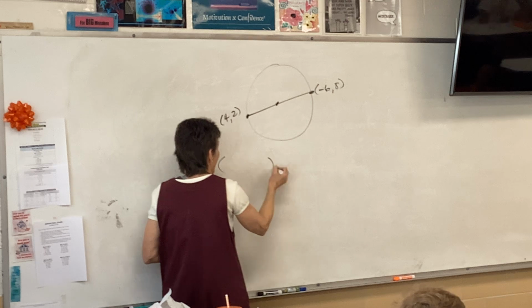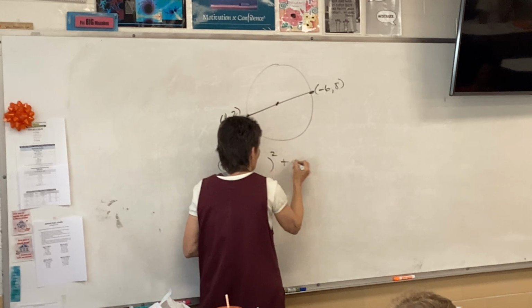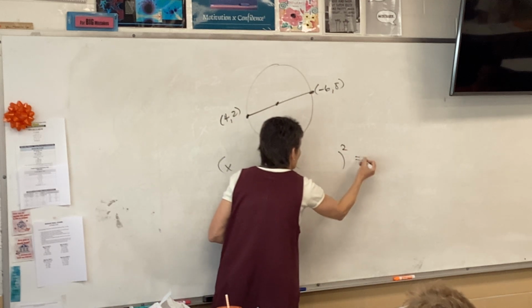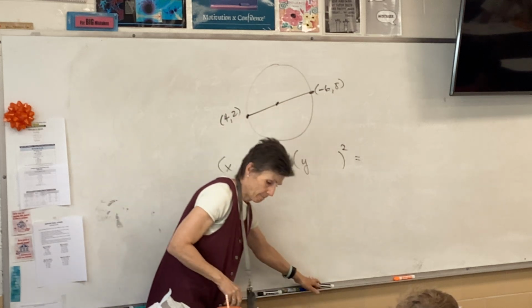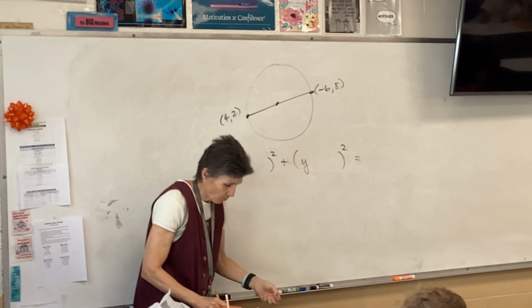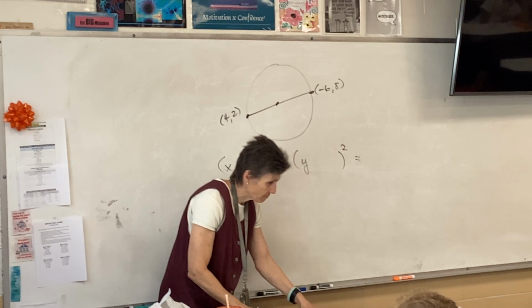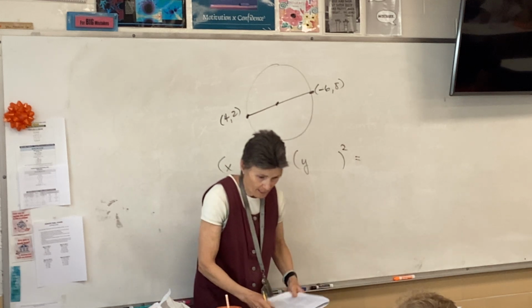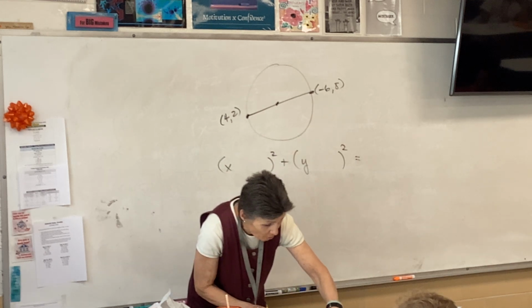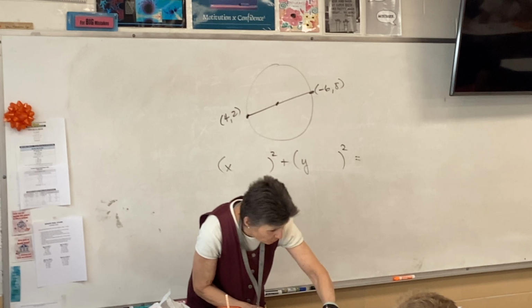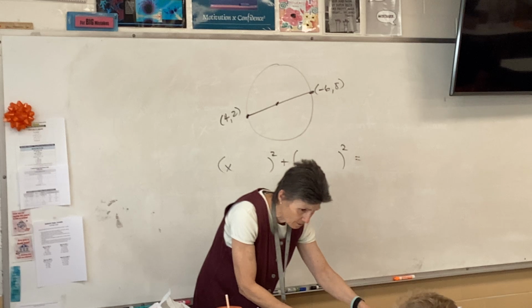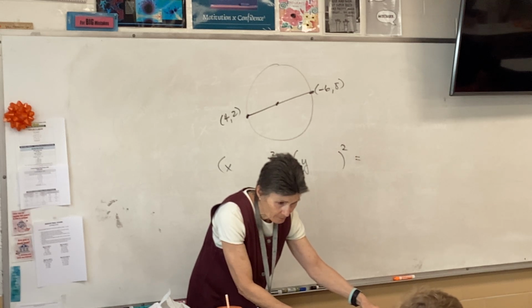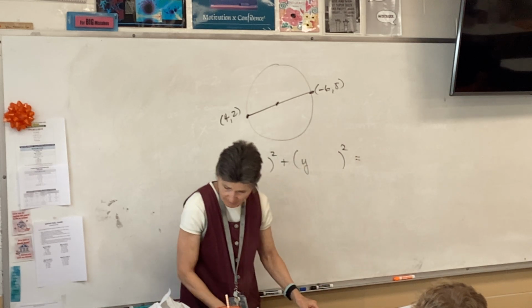And your job is to write the equation of that circle. All right, so is there anybody who feels like you can get that started? Maybe not do the whole thing, maybe do the whole thing. Is there anybody who feels like you can get that started?